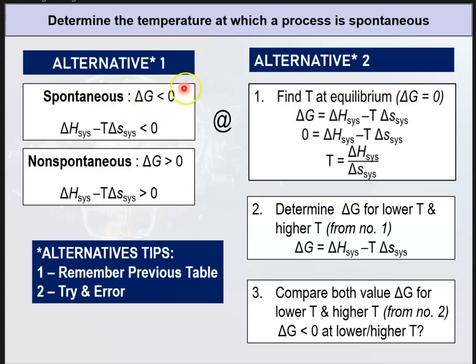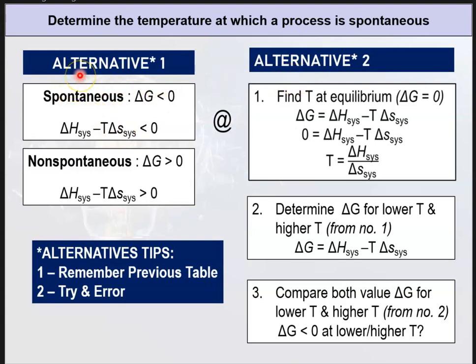Determine the temperature at which a process is spontaneous. This one is to give us understanding about the table before. Table yang tadi tu. We have two ways of solving this problem.